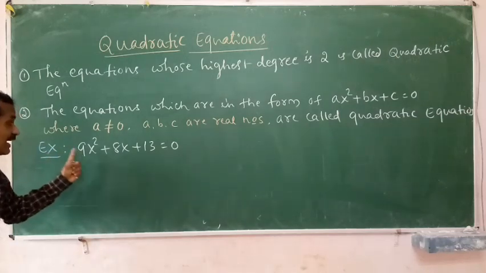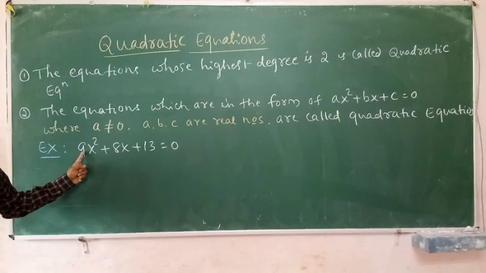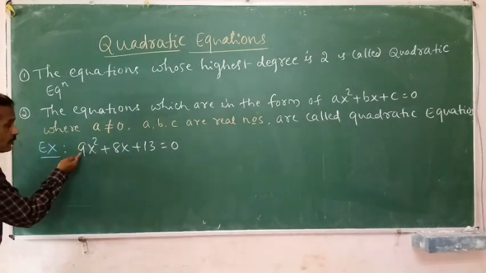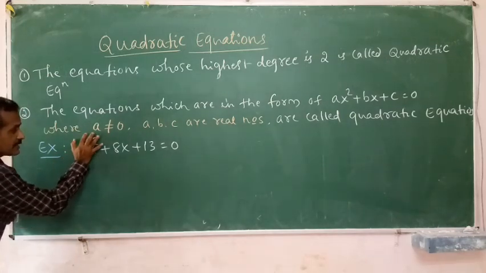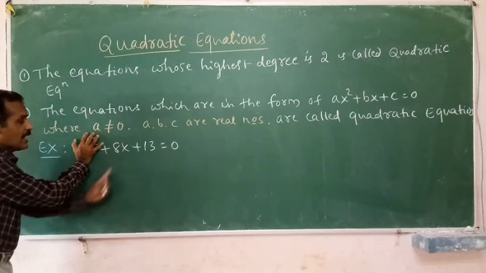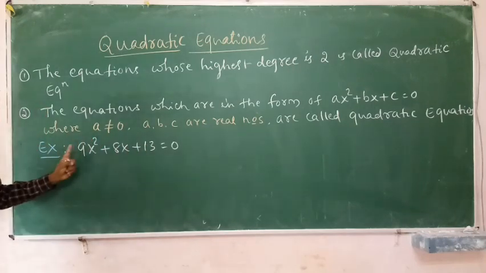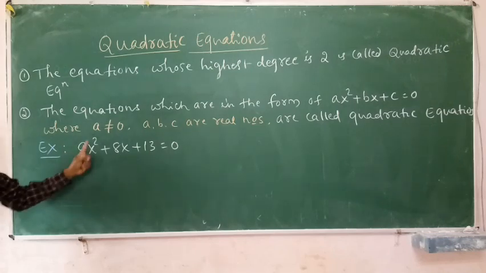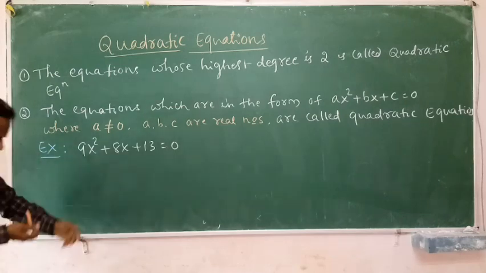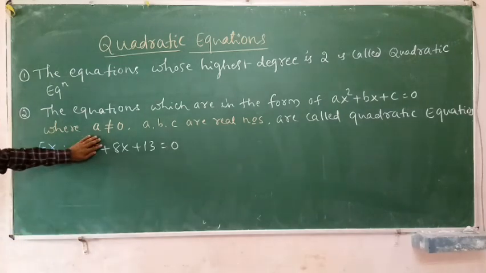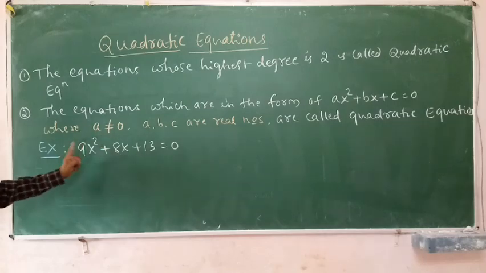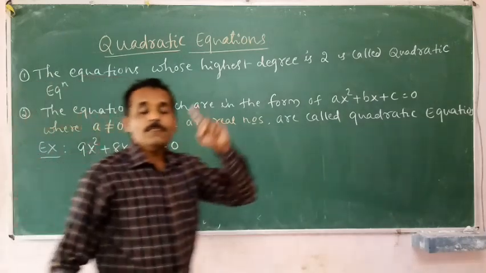The first term a should not be equal to 0. What happens if the first term is 0? If the first term is 0, then this entire term becomes 0 and it will be a linear equation. So that is the reason they say a should not be equal to 0, because if it is 0, the entire equation becomes a linear equation. It will not be a quadratic.